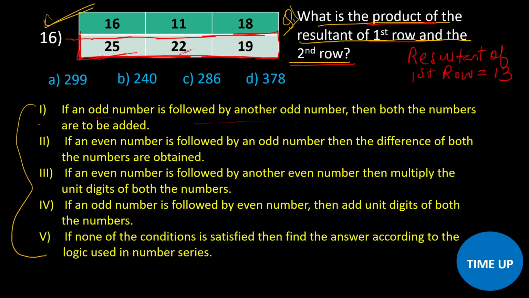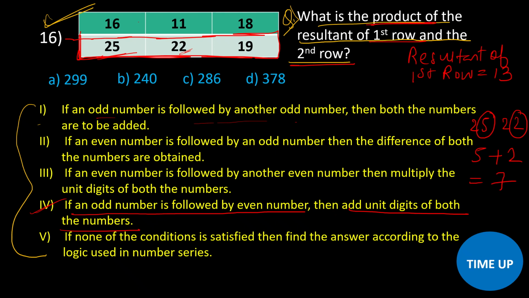Now check the fourth one: if an odd number is followed by an even number, then add the unit digits of both the numbers. So 25 is there and 22 is there. Unit digit 5, here it is 2. So 5 plus 2 is 7.